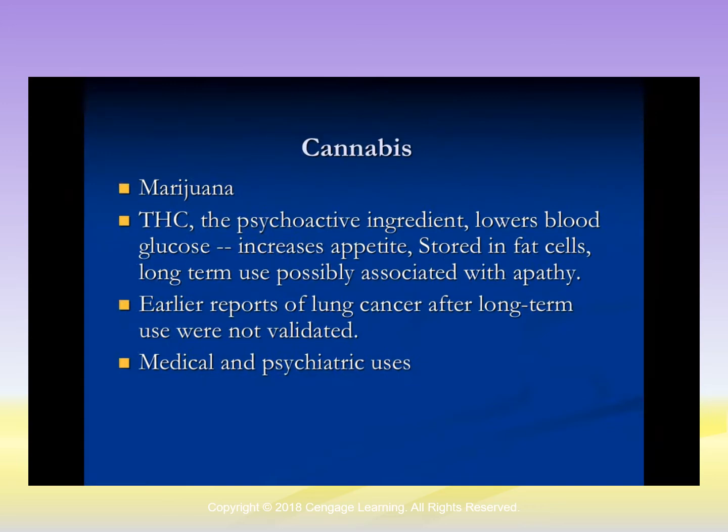Okay. We've been doing more medical research on cannabis now, and it's certainly become more socially acceptable. In 2016 to 2019, about 61 to 70% of the United States population is for federal legalization.